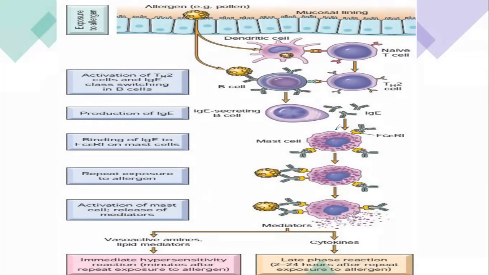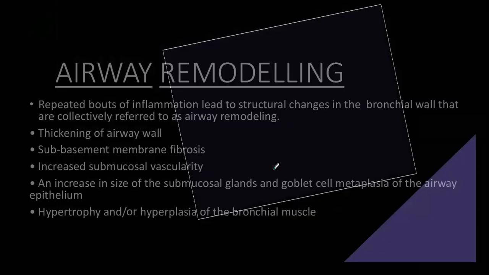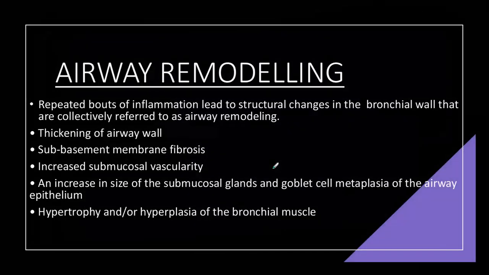Now, this is just what I was saying. So, airway remodeling. When there are those repeated bouts of inflammation, there'll be structural changes in the bronchial wall that are collectively known as airway remodeling.